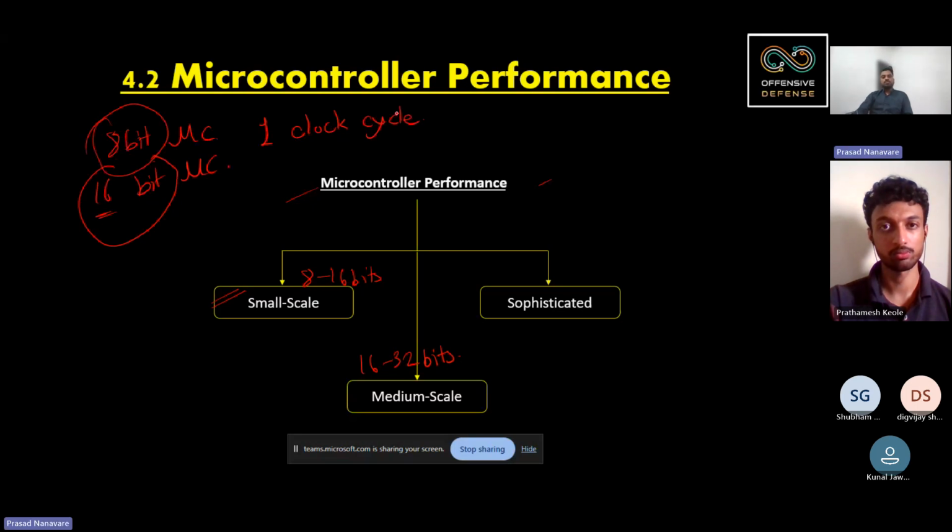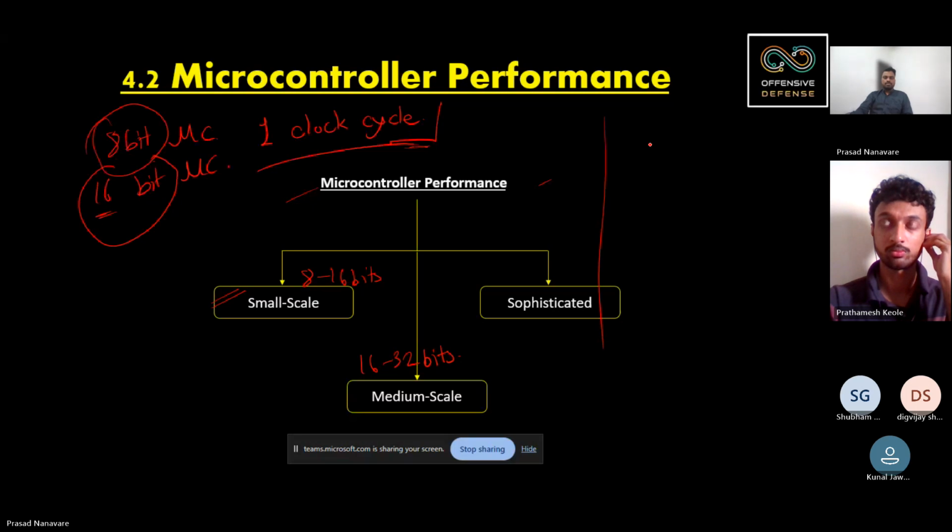So nobody asked me what a clock cycle is. Or are you guys aware of it? I guess I showed this in the last lecture also. Anyway, all these are digital devices, right?